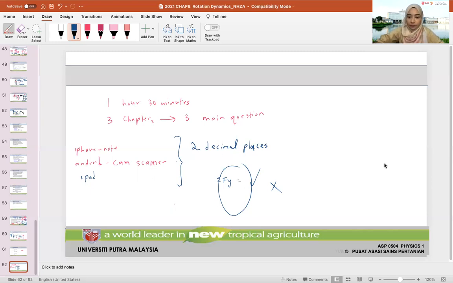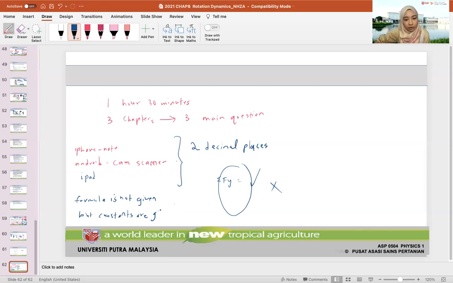Any other questions? Formula is not given. Okay, but constants are. Constants are given. Earlier my handwriting wasn't this bad, right? I don't know what's going on. But constants are given.